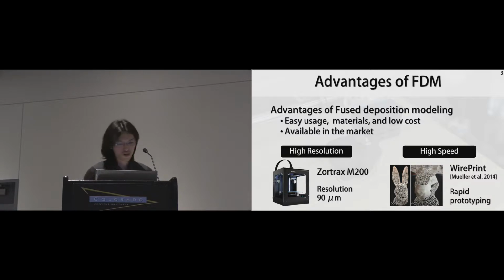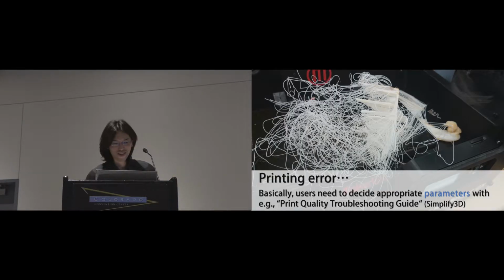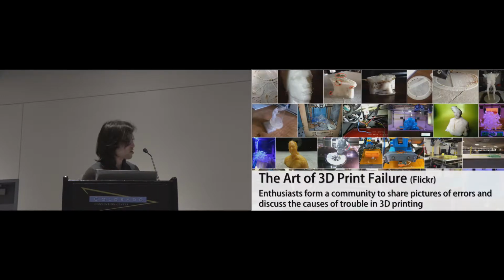But the attraction of FDM is not only these advantages, it's the printing error. Basically, to prevent printing error, we have to adjust parameter settings using a helpful troubleshooting guide. On the other hand, printing errors have quite excited 3D printer enthusiasts. They form a community to share pictures and discuss what happened to their 3D printer while printing.